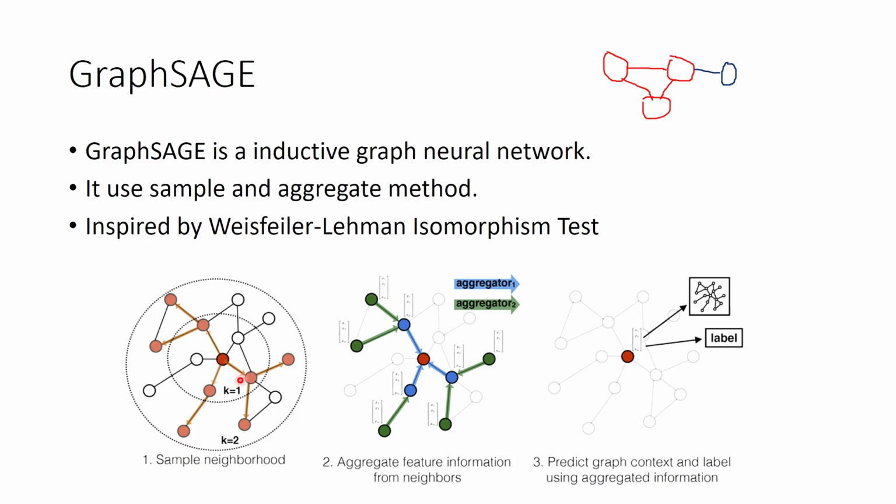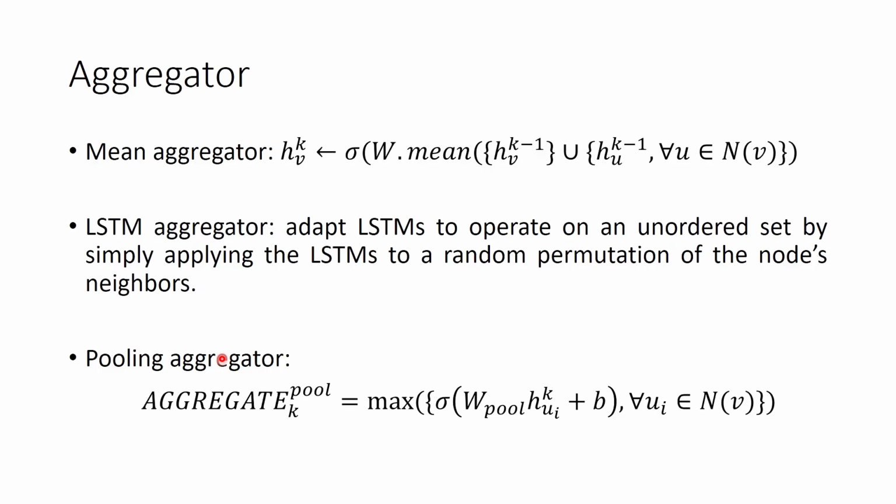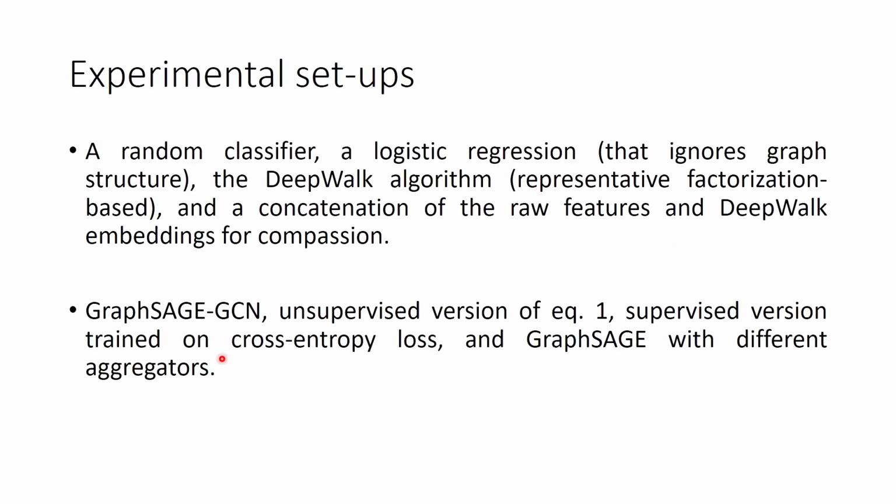If it's V, its Ui will be this. We apply Ui into some learnable parameter, take its max and update this value. So that's how the pool aggregator works.